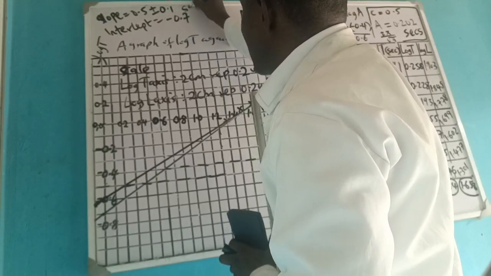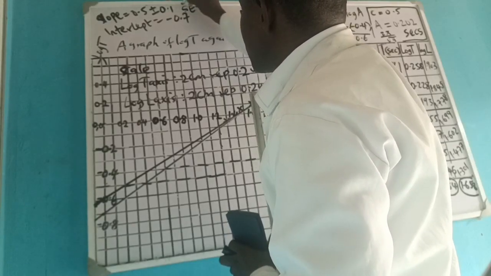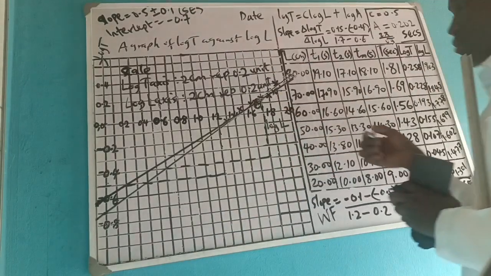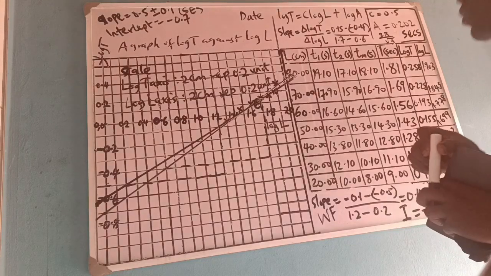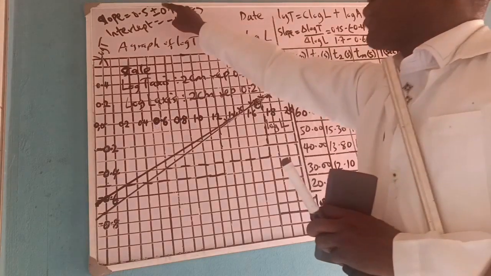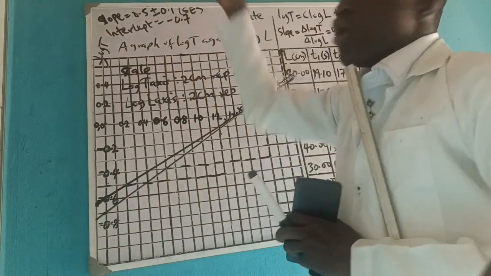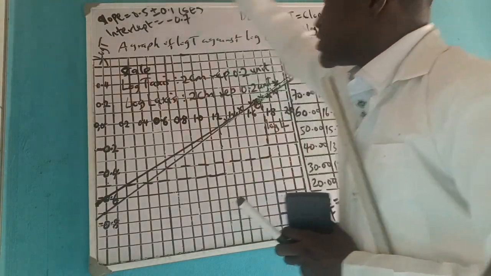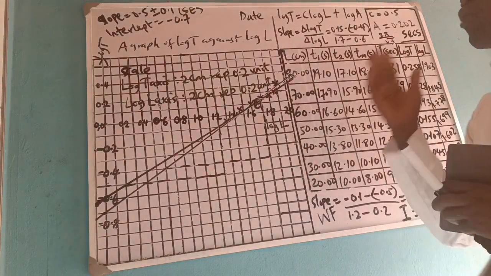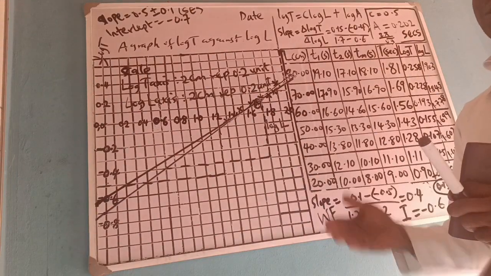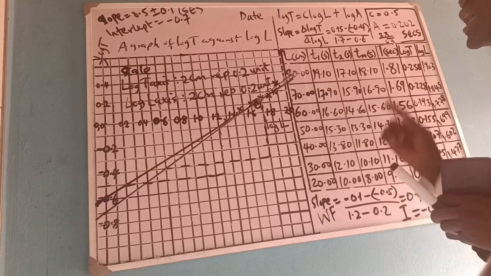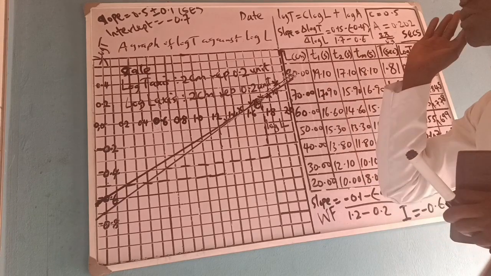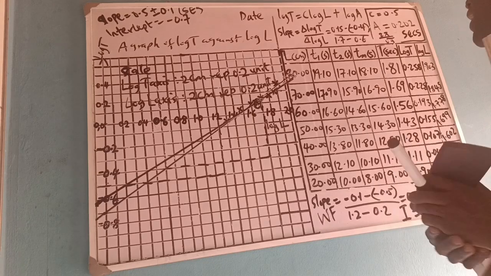It's a standard error, SE. So our slope is 0.5 plus or minus 0.1. Get the value of the one of best fit minus the one of worst fit. If it gives you negative, take the positive value of it. If it gives you positive, take the positive value of it. The answer must be positive.